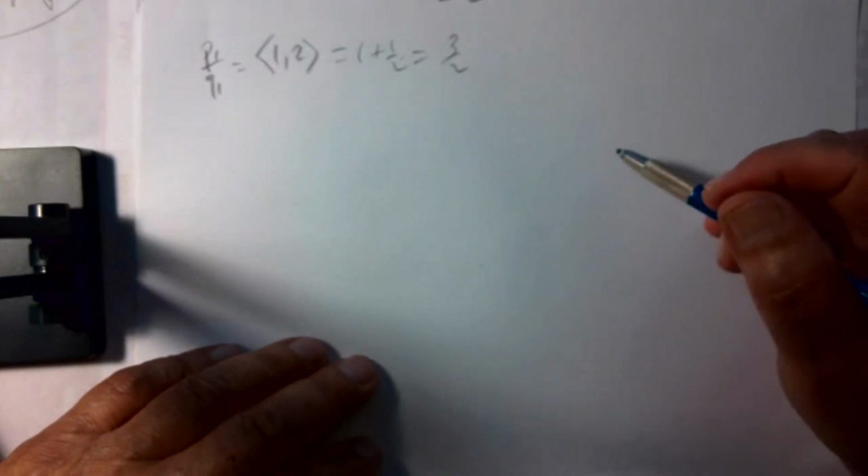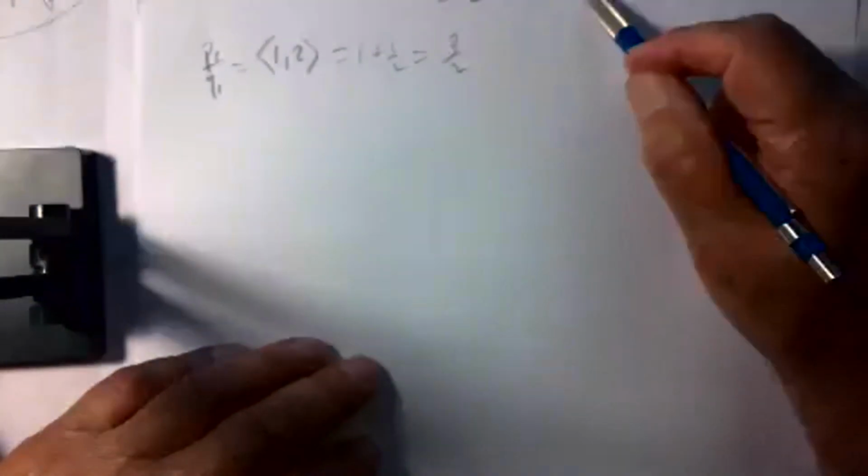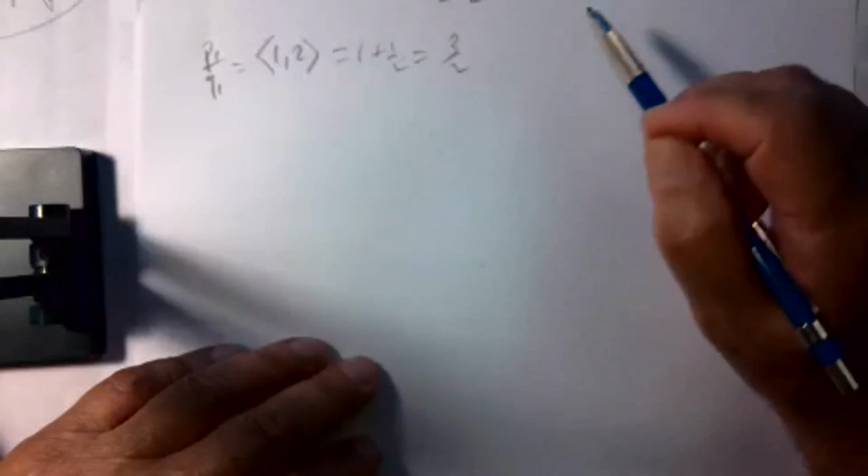All right. And we want to compare this to the square root of 2. So what is the square root of 2 equal to as a decimal?